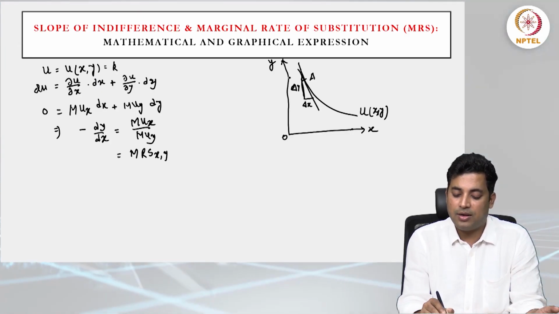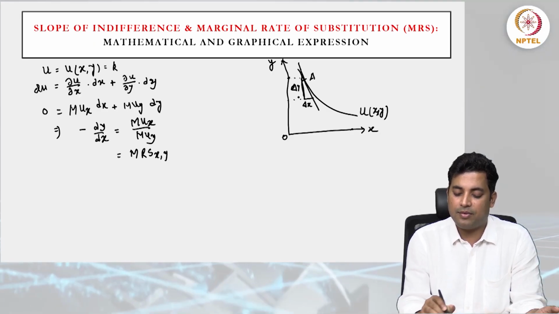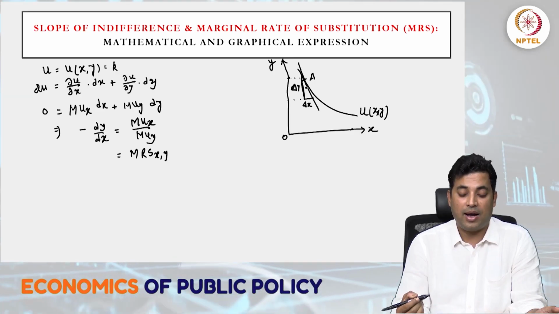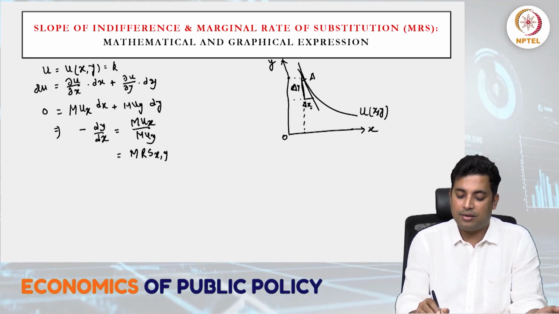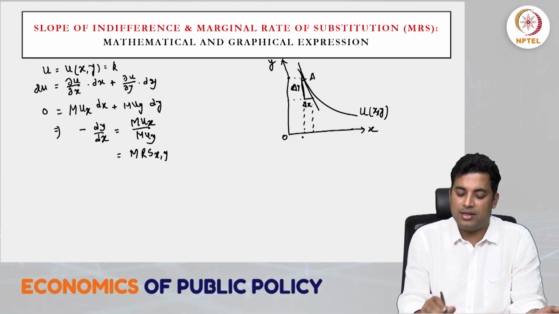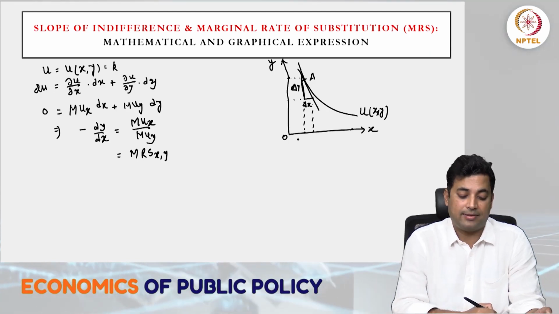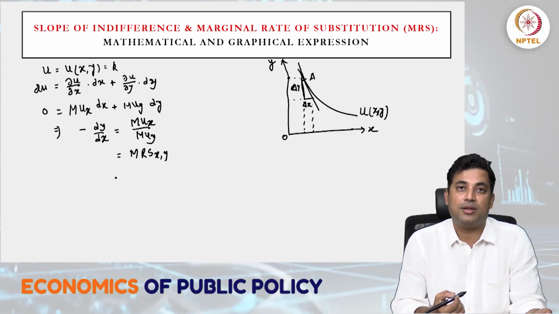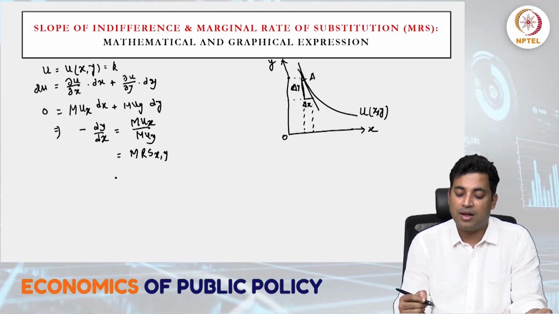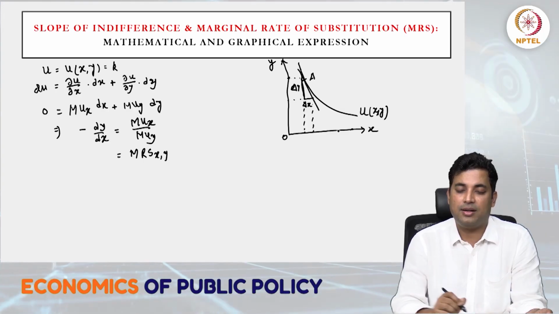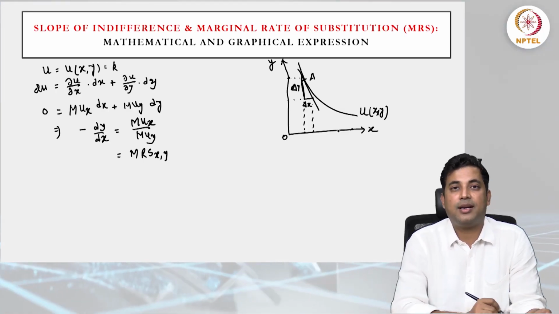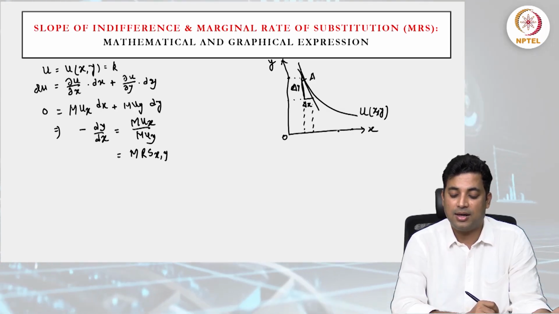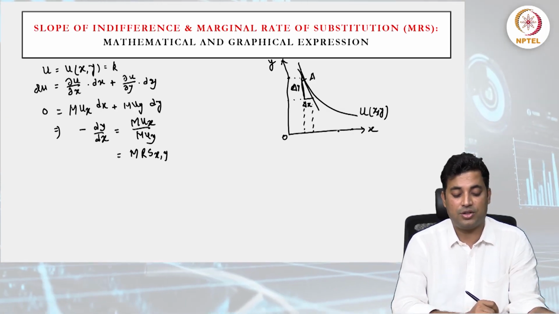This change is the change in y, and this particular change is the change in x. So this is the mathematical expression of the marginal rate of substitution, and on the right hand side is the graphical representation of the marginal rate of substitution considering the utility function.